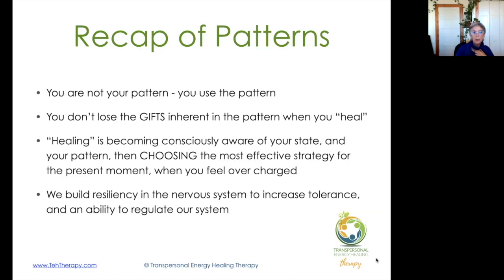And healing is becoming consciously aware of your state and your pattern, and then choosing the most effective strategy for the present moment when you feel overcharged. We build resiliency in the nervous system to increase tolerance and an ability to regulate our system.